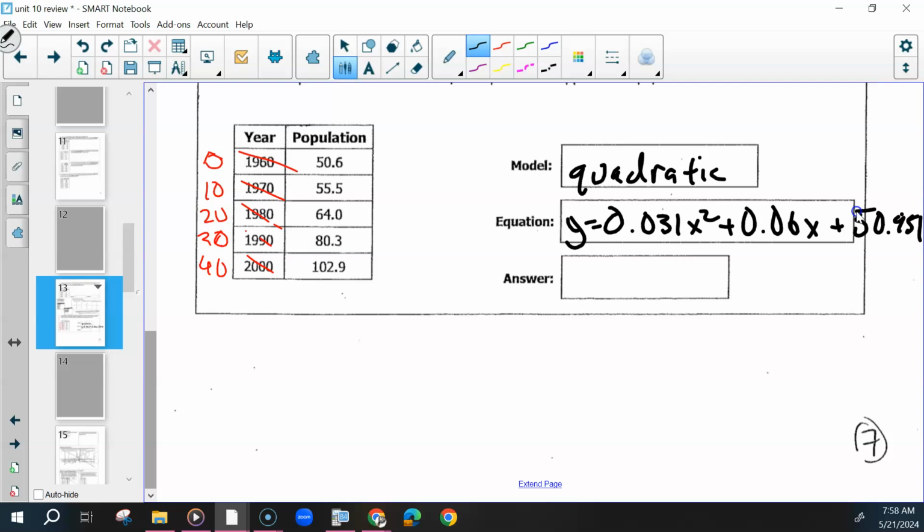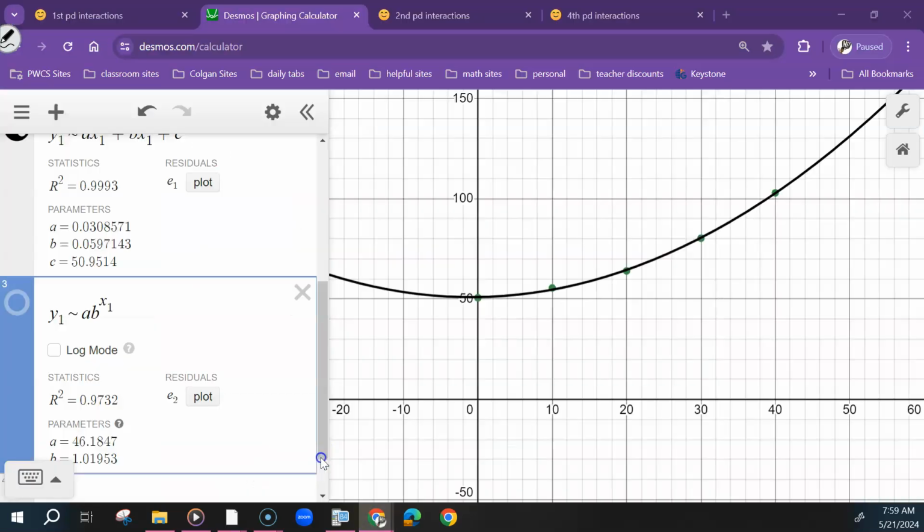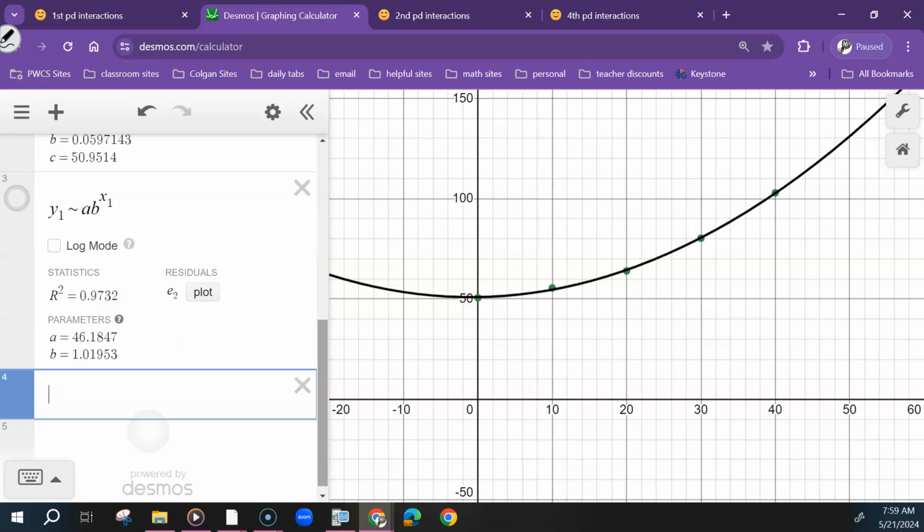And then we're looking for what would the approximate population in 2020 be. So one, we need to know how many years would that be from 1960. So then we're going to type into Desmos x equals 60.